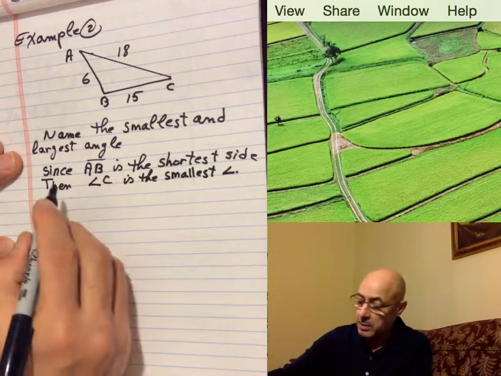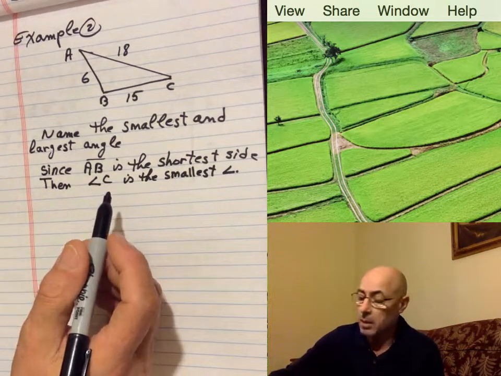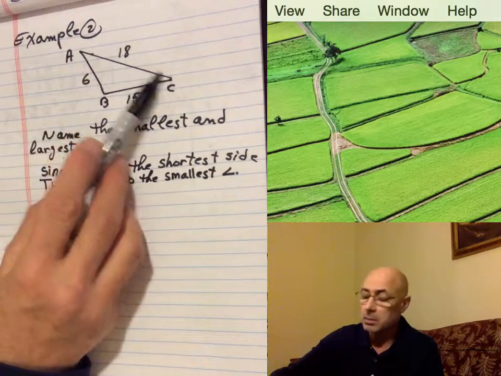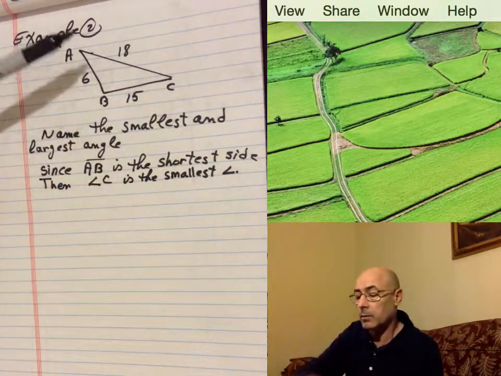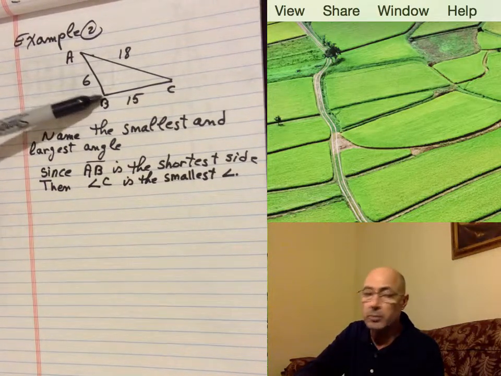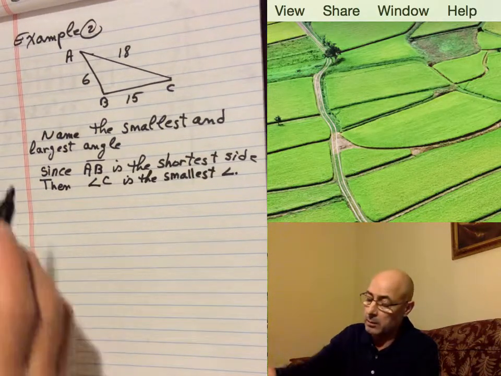Which one is the largest angle? So now I need to figure out which one is the longest side. 6, 15, 18. 18 is the longest. So the angle across from the 18, which is angle B, is going to be the largest angle. So let's write that down.